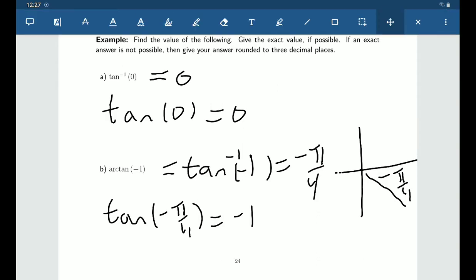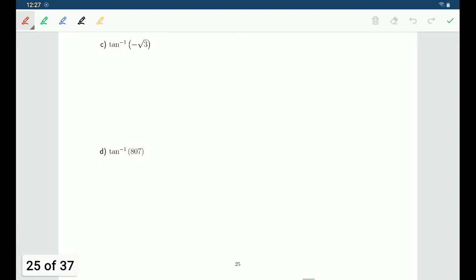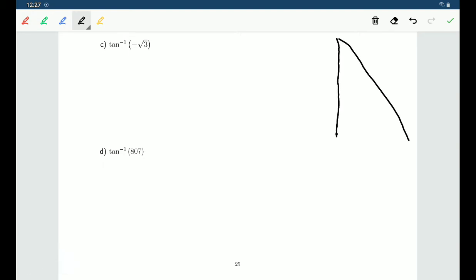All right. Couple more. Tangent inverse of -√3. This one, if we're remembering from our 30, 60, 90 triangle, so there's 90, 30, 60, or pi over 2, pi over 6, pi over 3 for the 90, 30, and 60.